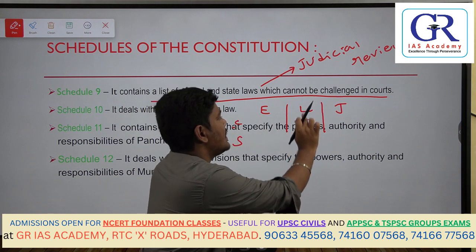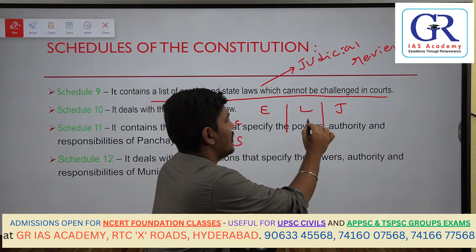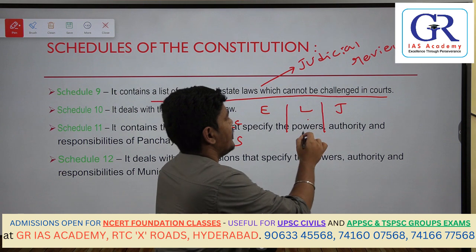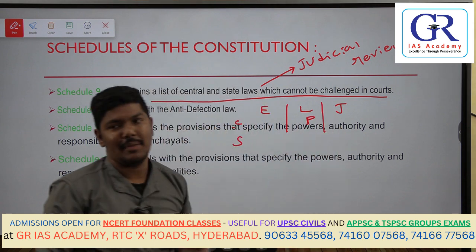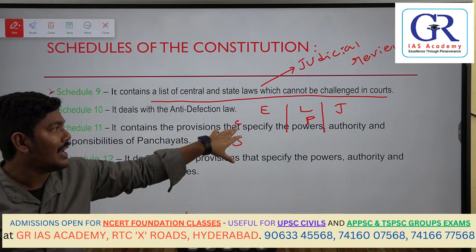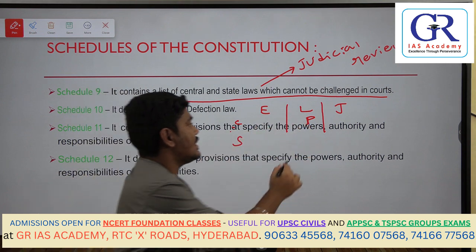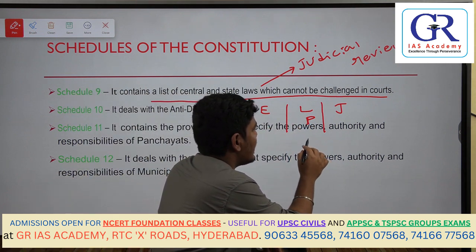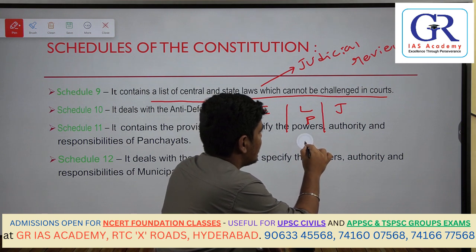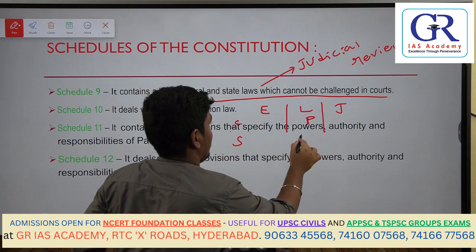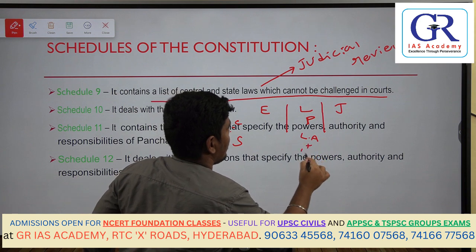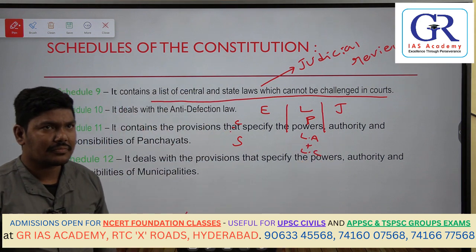At the central level, the legislature is called Parliament. And at the state level, it is basically the Legislative Assembly plus Legislative Council.